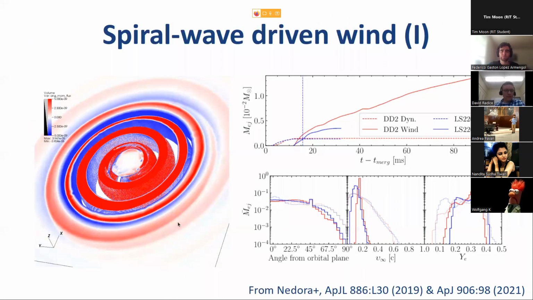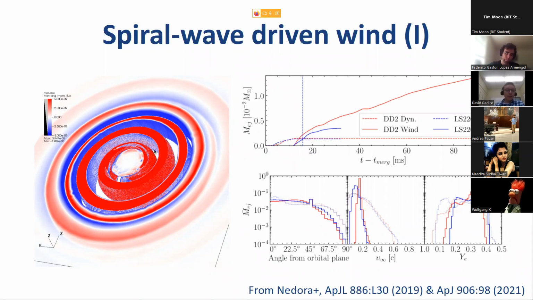One interesting thing that we found is that if the massive neutron star survives and does not collapse to a black hole, then there is a robust mechanism to drive outflow with moderately large velocities that we have called the spiral wave driven wind. So here the mechanism is that the massive neutron star deforms due to the so-called low T over W instability and develops an m=1 feature in the density.